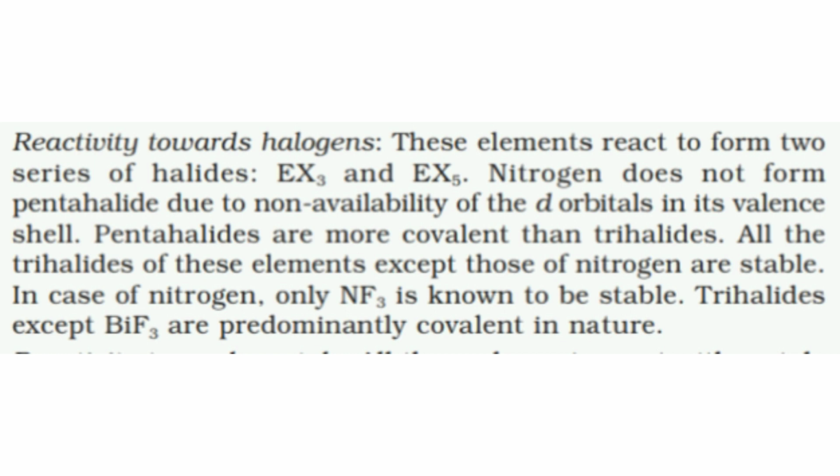These elements react to form two series of halides, EX3 and EX5. Nitrogen does not form pentahalide due to non-availability of the d orbitals in its valence shell. Pentahalides are more covalent than trihalides.